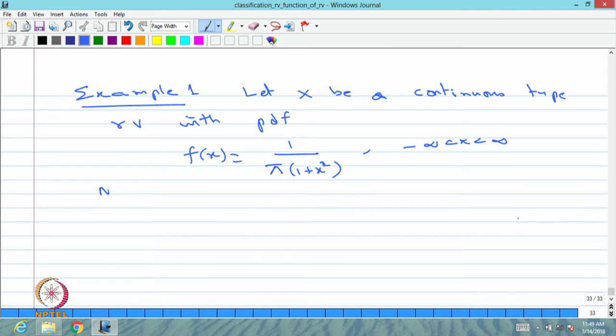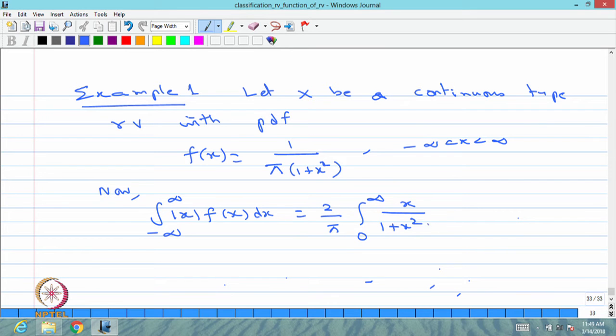Now, you can compute the integration from minus infinity to infinity of the absolute value of x f of x dx. If you compute this quantity, that is the same as 2 divided by pi, since it is an even function, times the integration from 0 to infinity of x divided by 1 plus x square dx. If you do the simple calculation, you will come to the conclusion this quantity is going to be infinity.